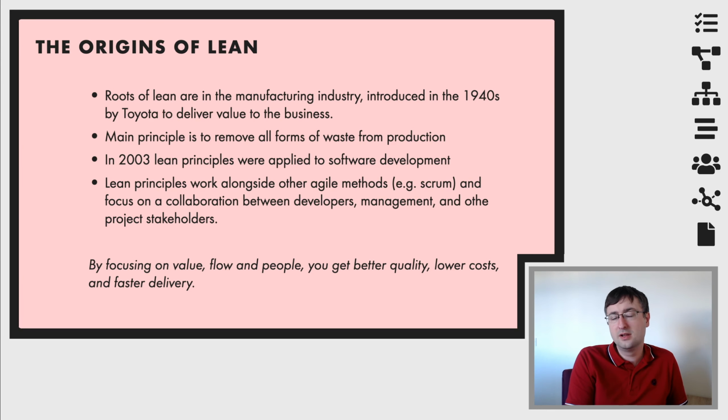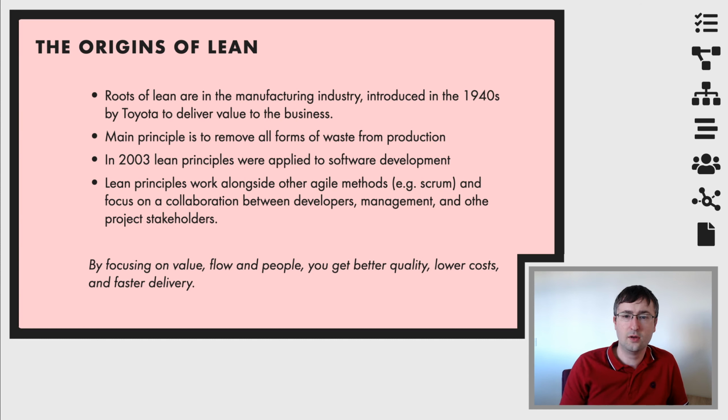It moved on and Toyota fully embraced this throughout their development life cycle. In the early noughties, it started to become a process that was more common inside of software development as well. They really work alongside other principles, so they work alongside other flavors of Agile such as XP and Scrum.